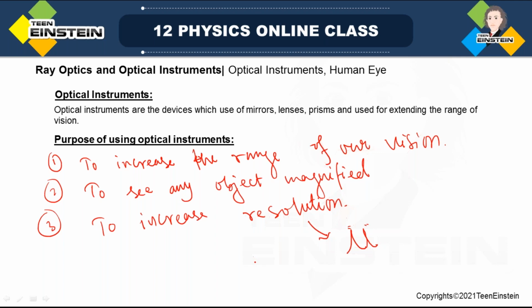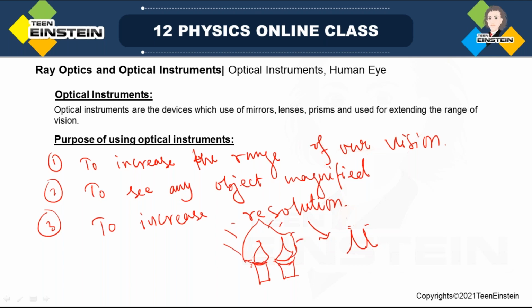Suppose there are two candles nearby. If you are seeing from very far, you might think there is one big candle over here, instead of seeing the individual candles.